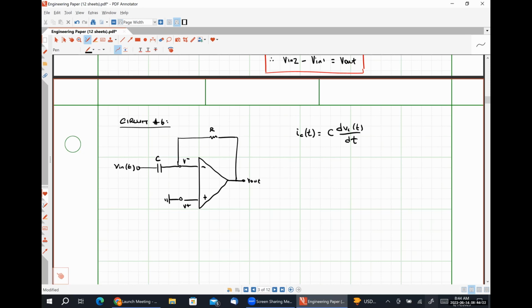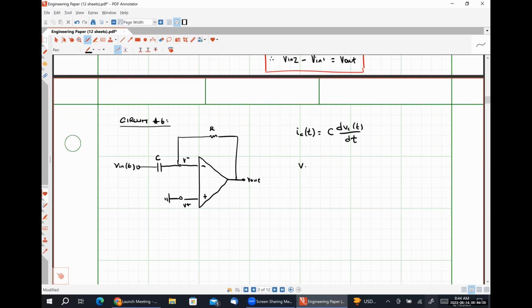And then we also have the inverse of this relationship, where we can say that the voltage drop across the capacitor with respect to time is 1 over C times the integral from negative infinity to some point in time we're interested in of the capacitor current with respect to time.